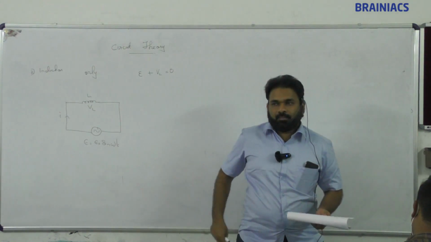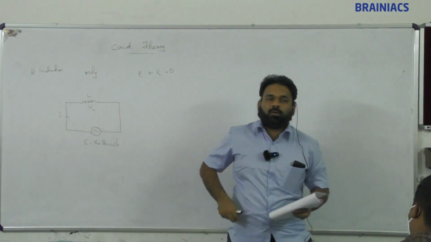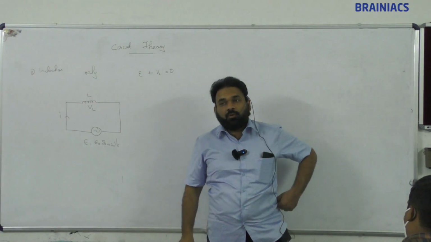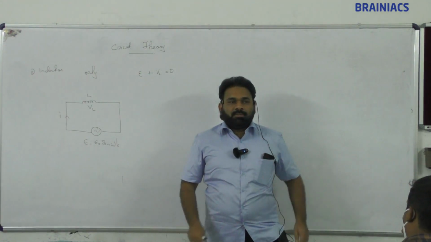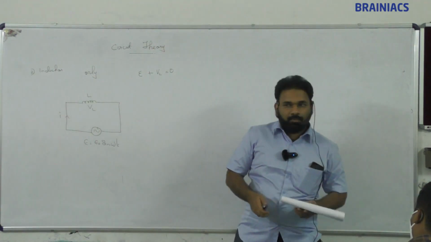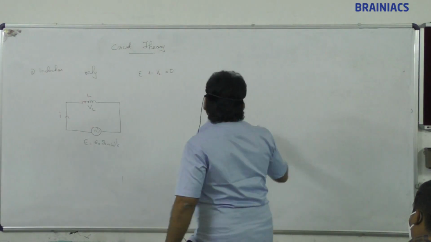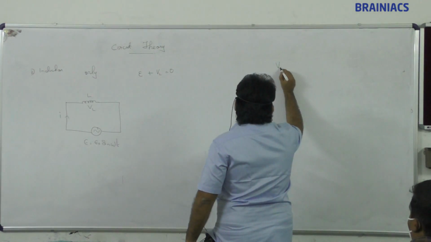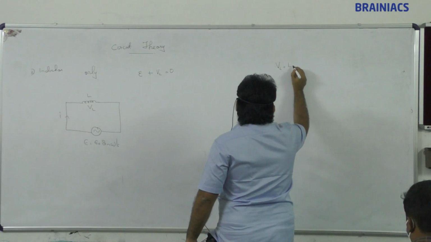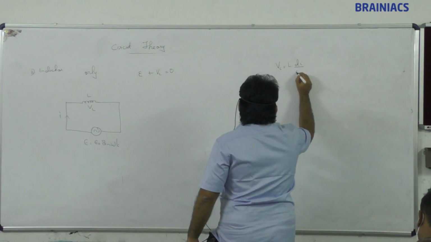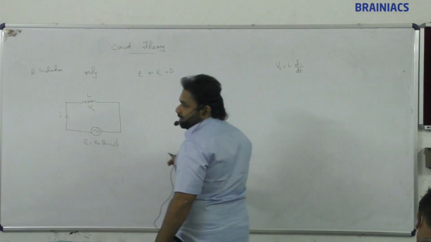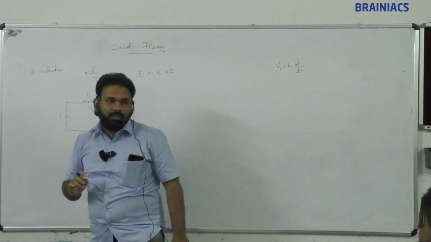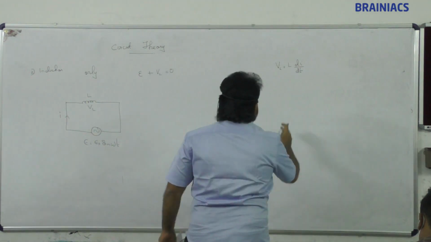You are repeating, no? Already in electromagnetic induction we have covered this. Remember, the voltage across the inductor VL is what? L di by dt.